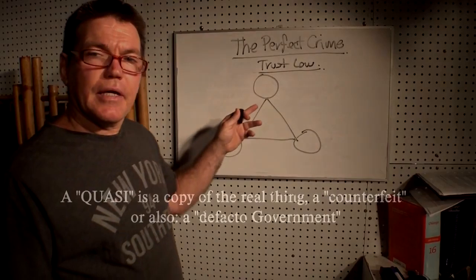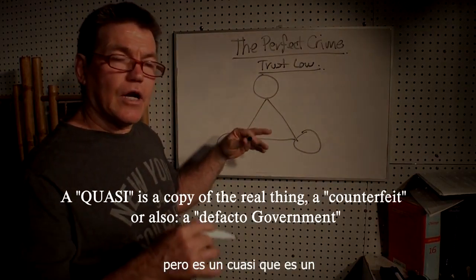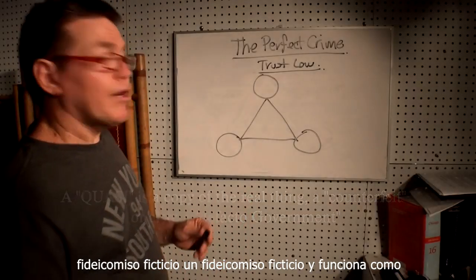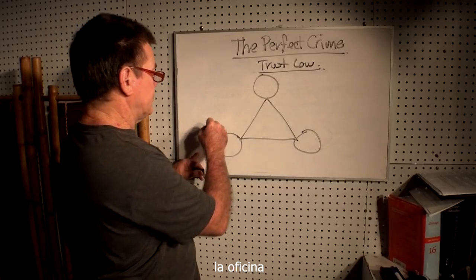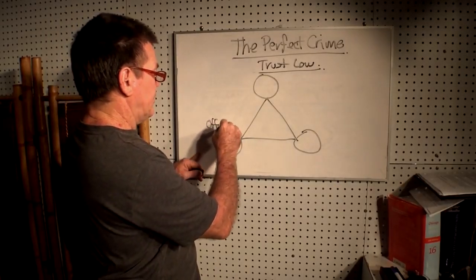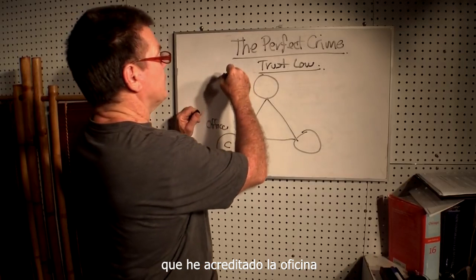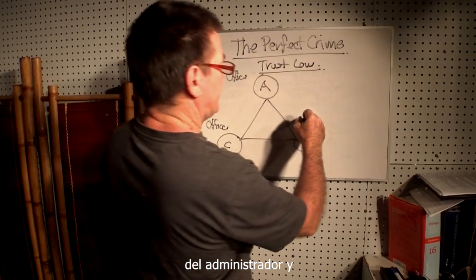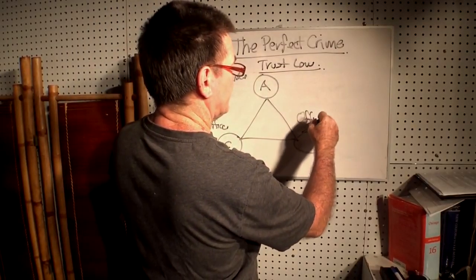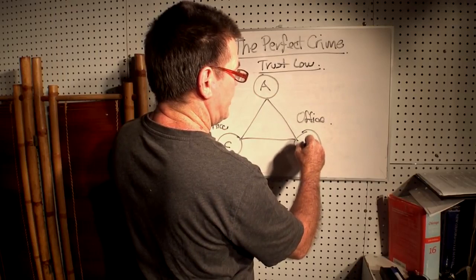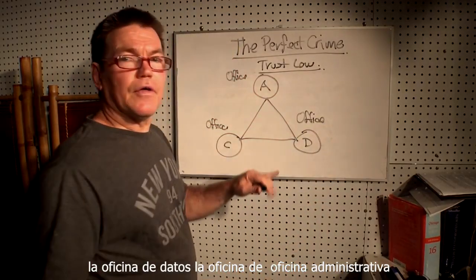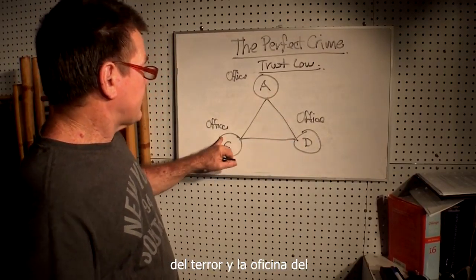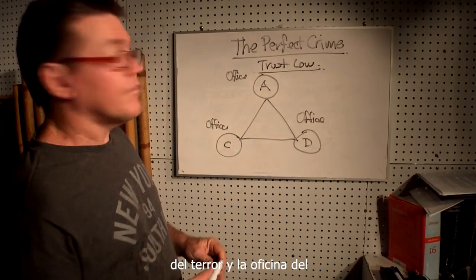But it is a quasi, which is a fictitious trust, a fiction trust, and it operates as the office of creditor, the office of administrator, and the office of debtor. The office of administrator, the office of the debtor, and the office of the creditor.